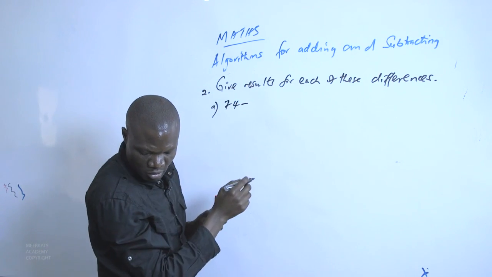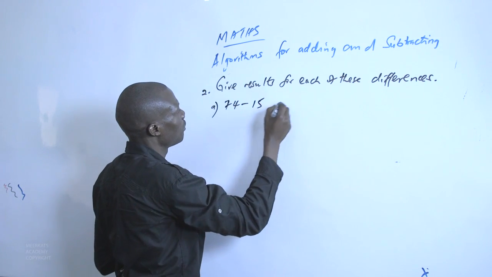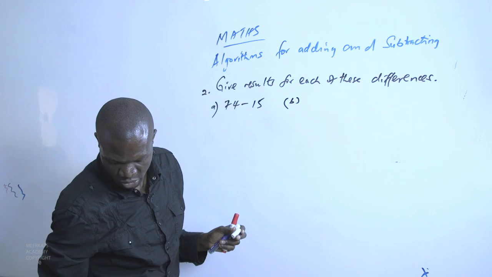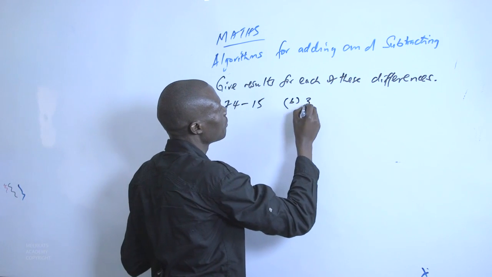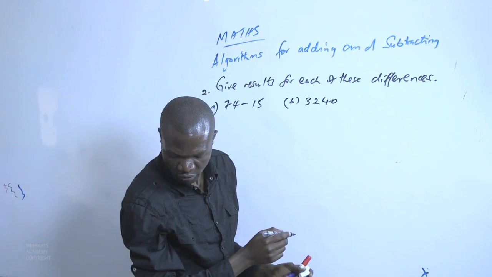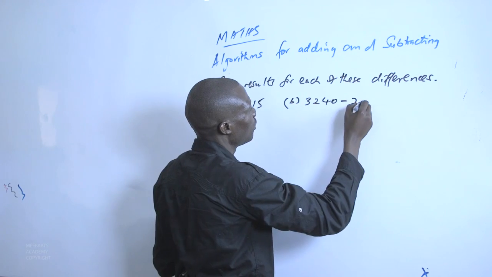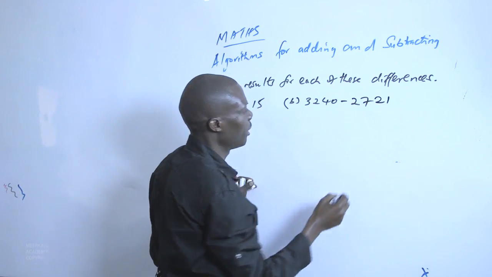A is 74 minus 15, and B is 3,240 minus 2,721.